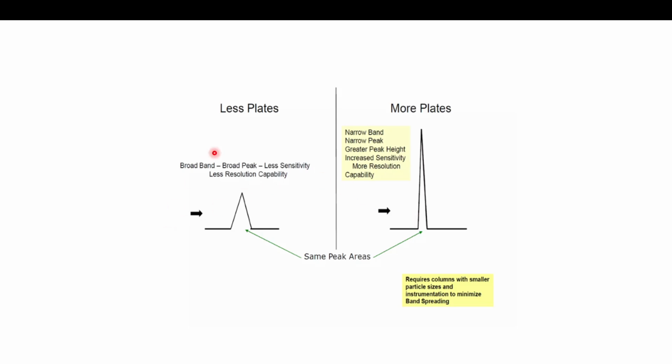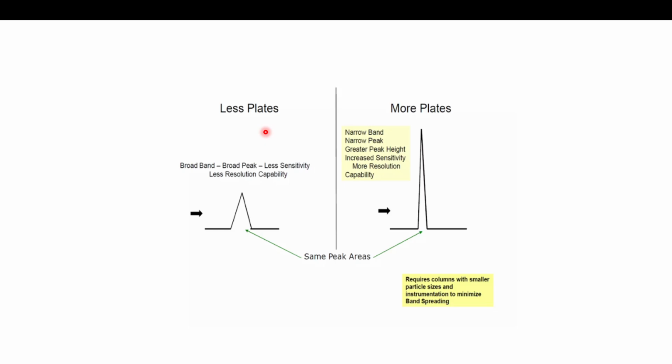Okay, now what exactly is happening here? Suppose for a long column, or in case of paper chromatography or thin layer chromatography, there can be different layers or plates, so that the resolution is much better, and the separation between two compounds is much better.